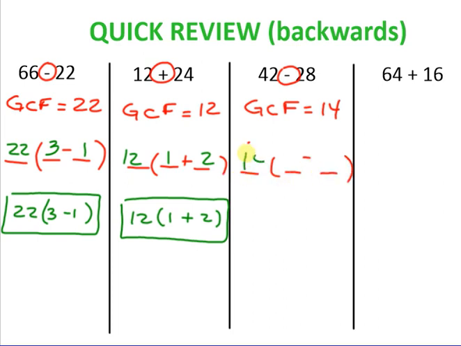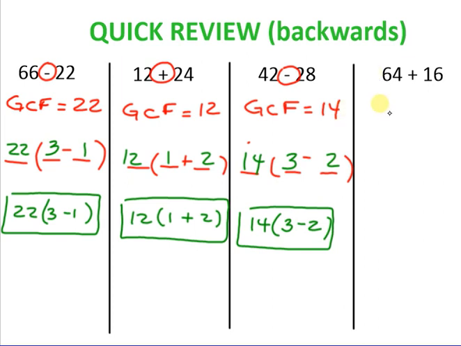I'm going to put 14 on the outside. 42 divided by 14 is 3, and 28 divided by 14 is 2. And so I'm going to rewrite it nicely right here.